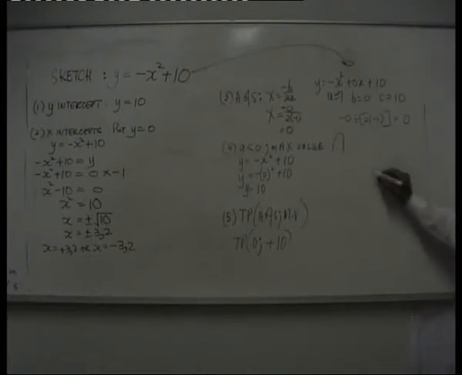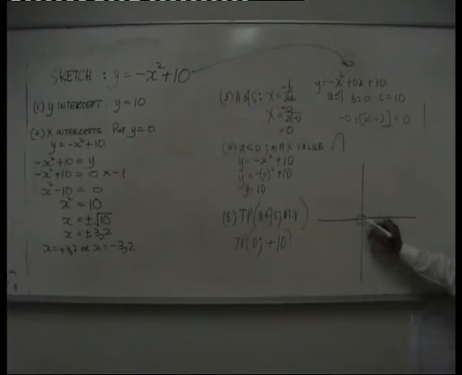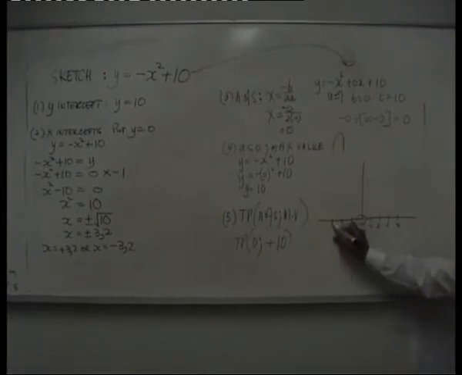Now we are ready to do the rough sketch. Once again, we go down here, we go across there, and that's 0, and that's 1, 2, 3, 4. That will be minus 1, minus 2, minus 3, minus 4.